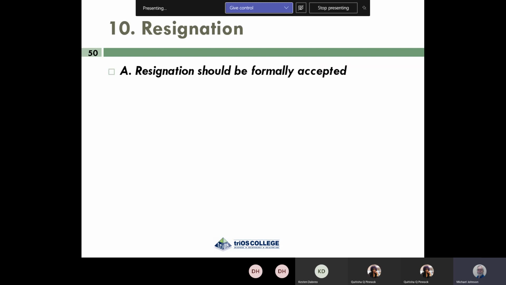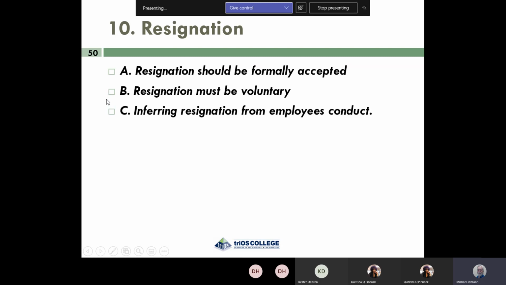Resignation should be formally accepted. It is important that it be done in this particular way. Resignations must be voluntary. Now, keep in mind, sometimes people are forced into it. Employment insurance is very much aware of this. The Board of Labor is very much aware of this as well.